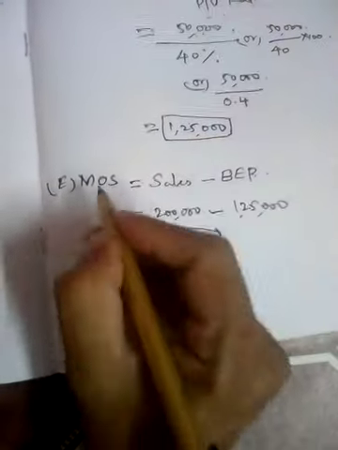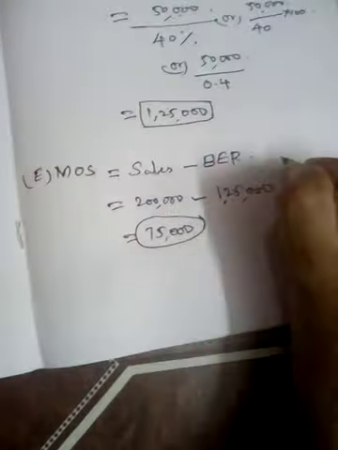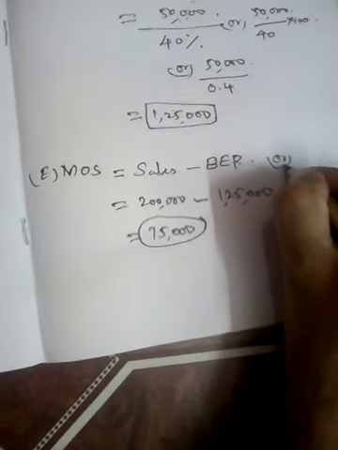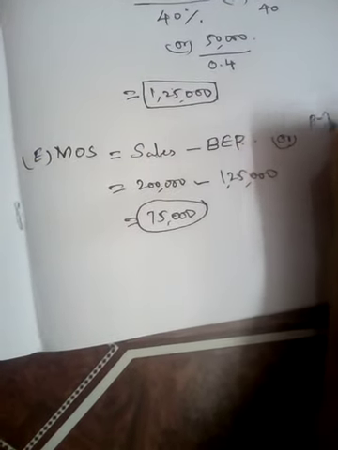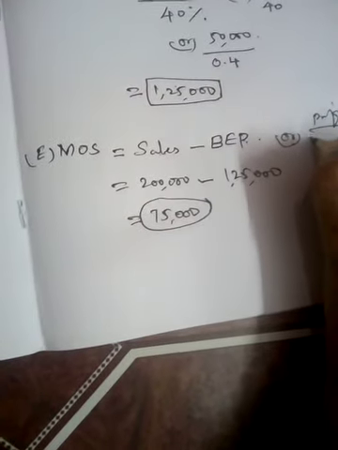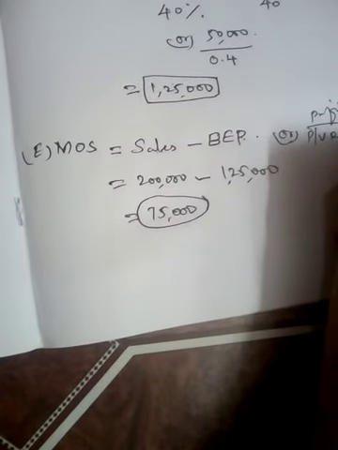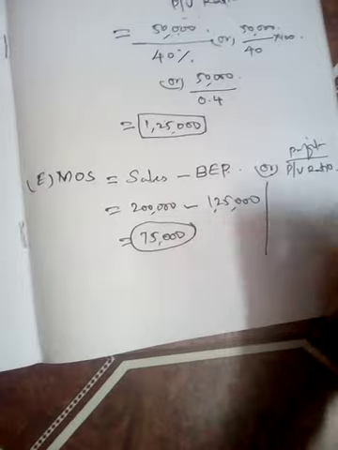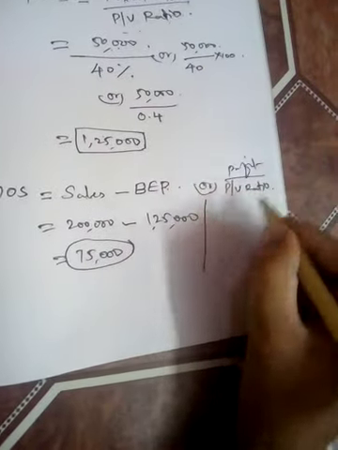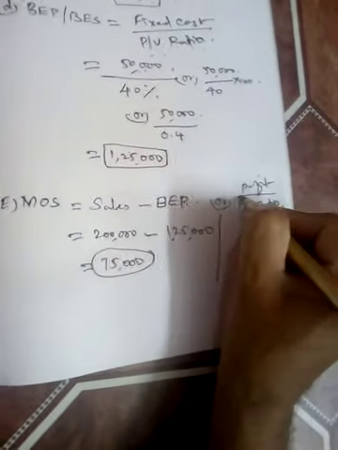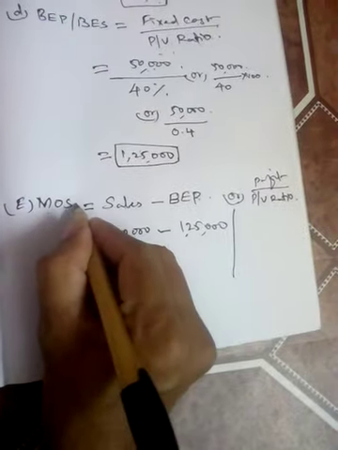Here for margin of safety there is another formula also, that is profit divided by PV ratio. So profit divided by PV ratio is another formula for margin of safety.